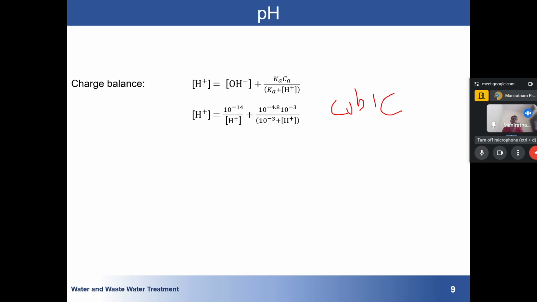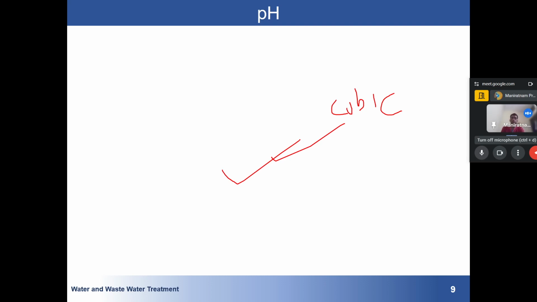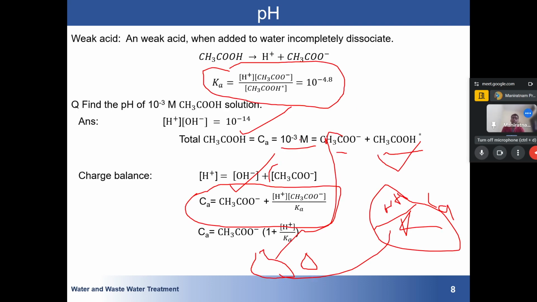You will get three values of H+. Only one will be positive, the others will be negative, and concentration cannot be negative. So H+ comes out to be 1.202223 times 10 to the power minus 4. So the pH of the system will be 3.92. In this way you can calculate the pH of a weak acid.